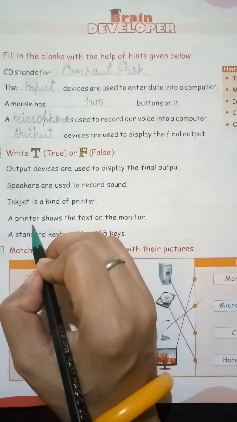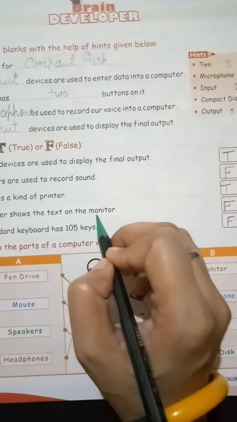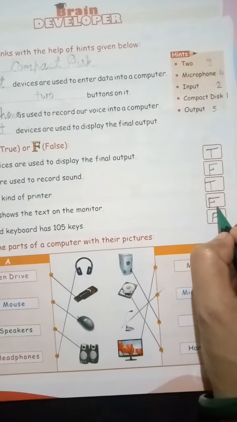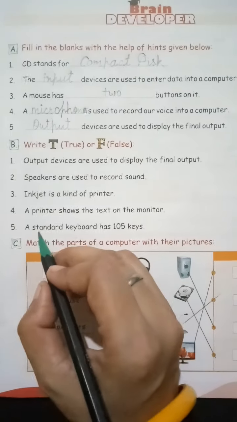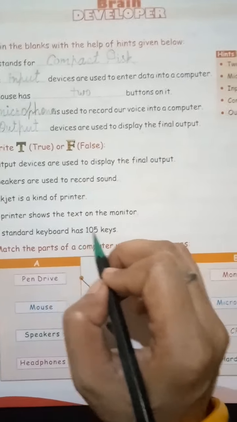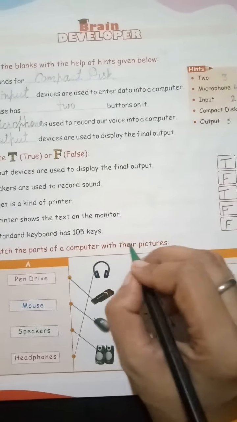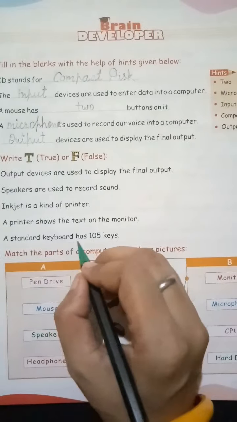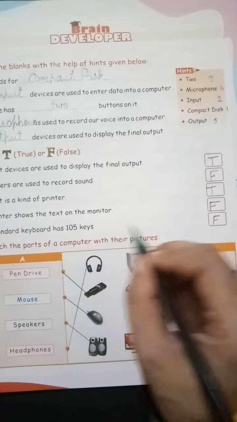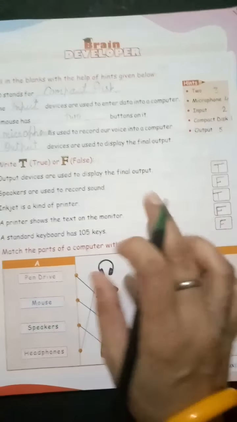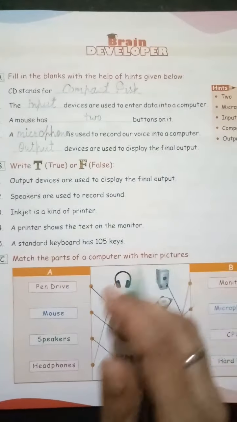A printer shows the text on the monitor. No, so it's false. A standard keyboard has 105 keys. No, a standard keyboard has only 104 keys. So it's false. So students, please do it thoroughly.